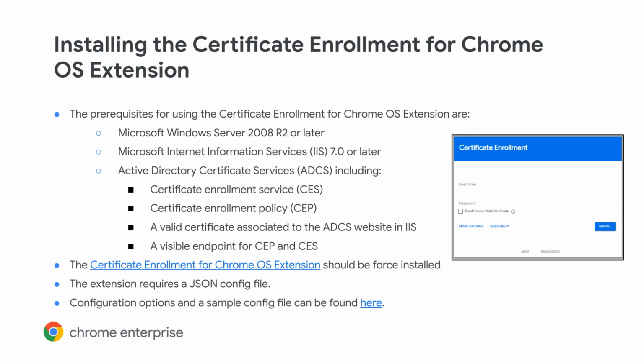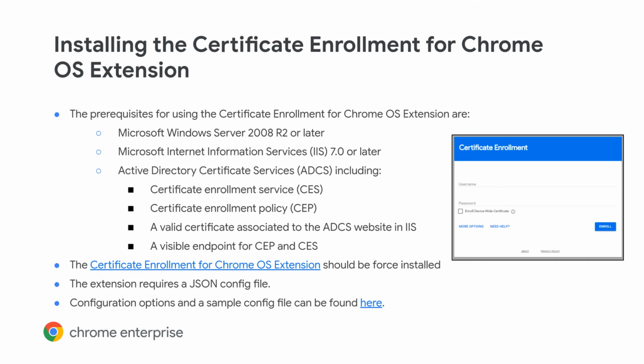So on how to install the Certificate Enrollment for Chrome OS extension, there are a few prerequisites for using the extension. You need to be running at least Microsoft Windows Server 2008 R2 or later, as well as Microsoft Internet Information Services, IIS, 7.0 or later.